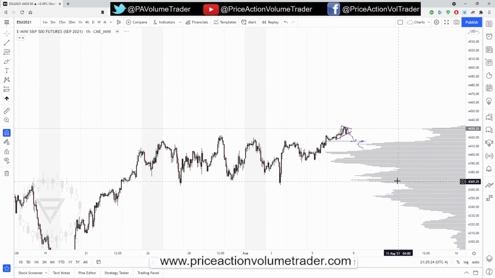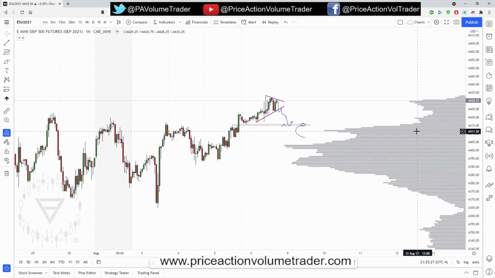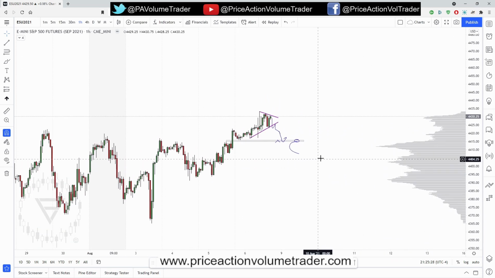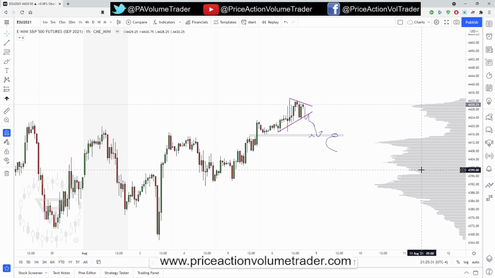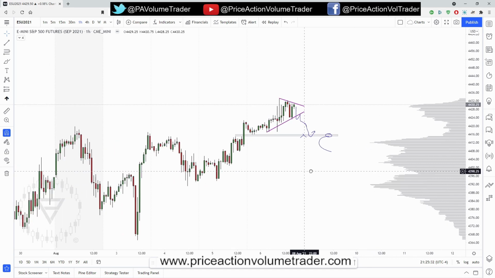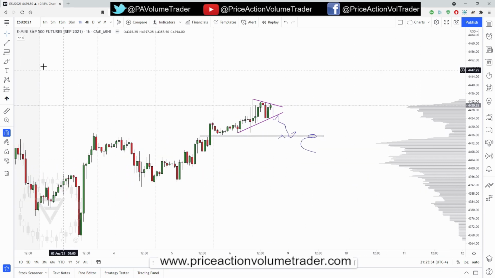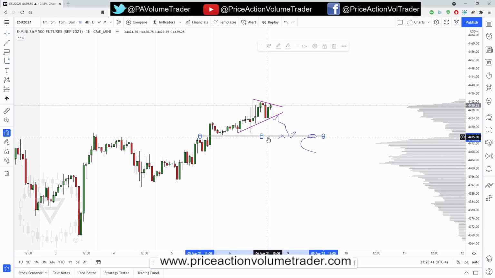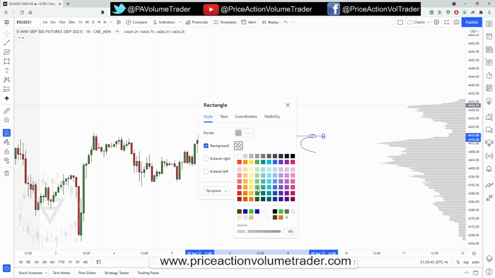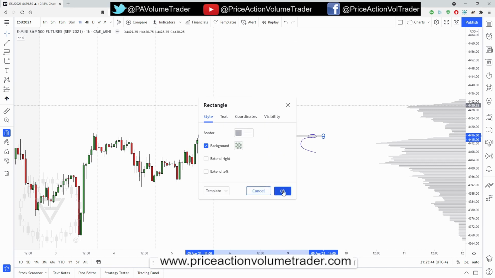And if I feel like the structure is still bullish, if I zoom out into the 1 hour, we can see that in this case we have the previous gap. I'm going to mark the gap in a different color. Let me make it green.